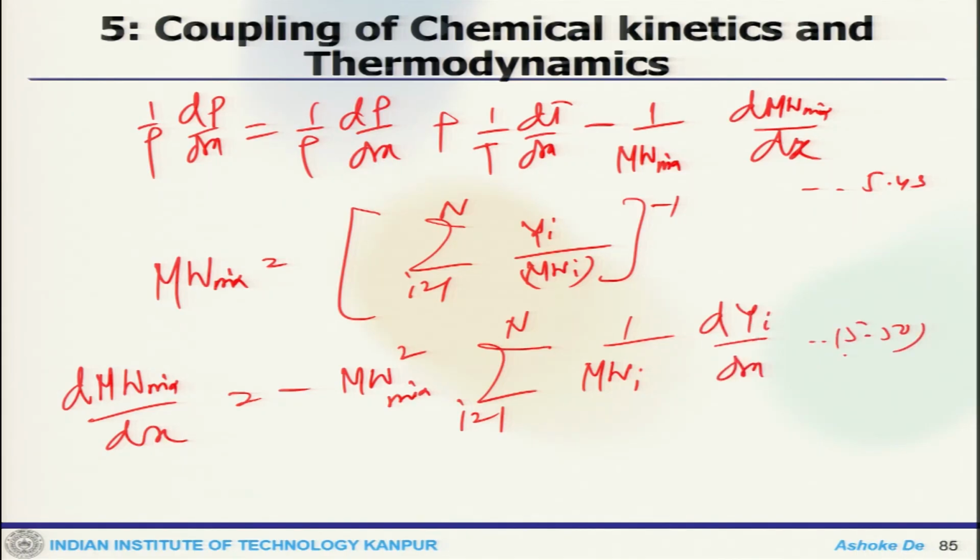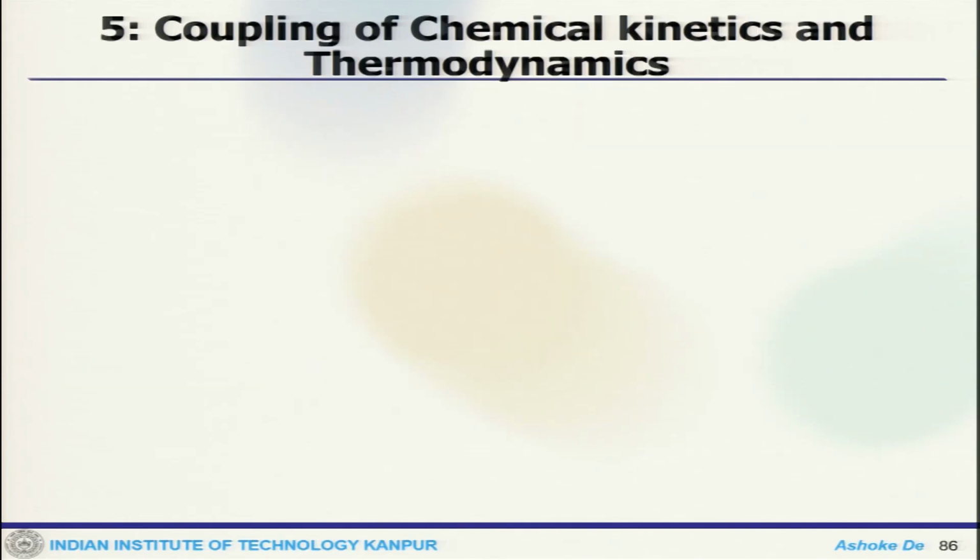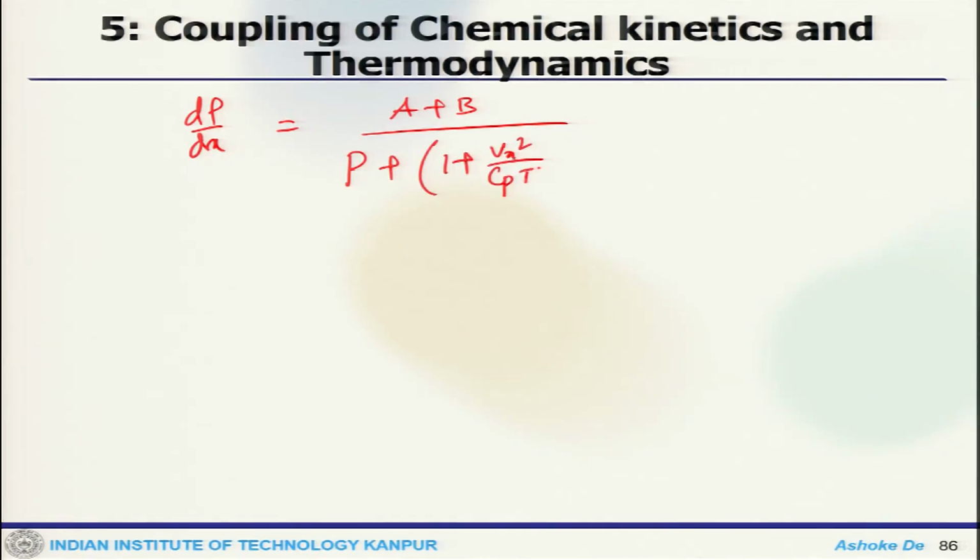The number of equations here can be reduced by eliminating some of the derivatives by substitution, and one can find d rho by dx equals A plus B, over 1 minus Vx square by Cp T, minus rho Vx square.